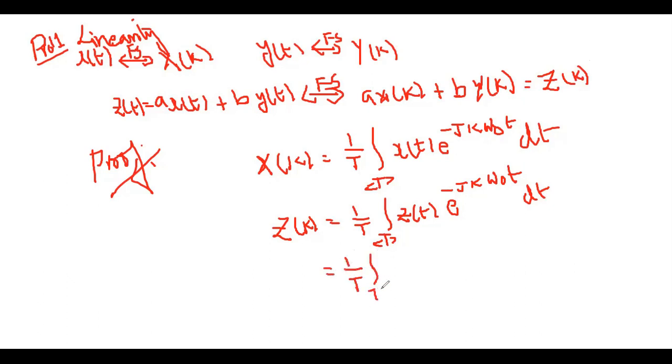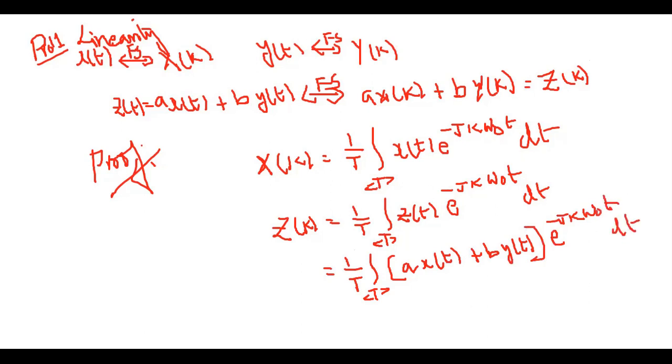First of all, substitute into the equation: the integral over T of z of t, which is a into x of t plus b into y of t, times e power minus jk omega naught t dt. Now split this integral into two parts.